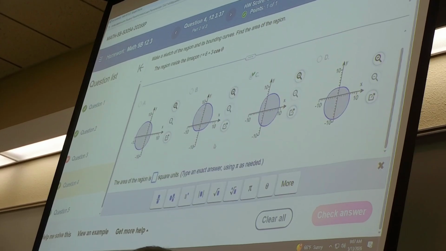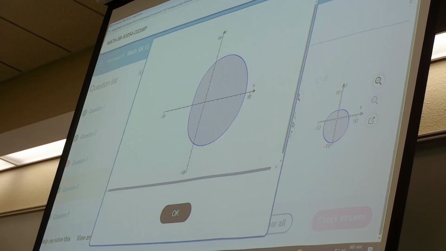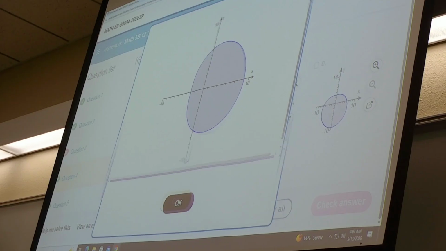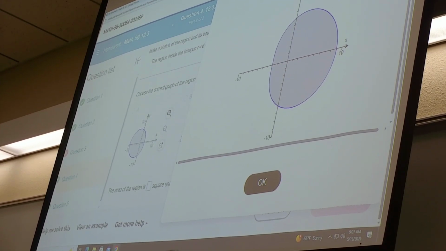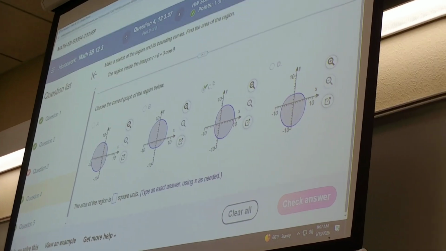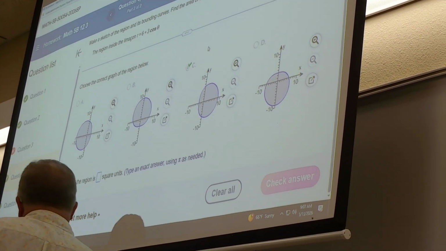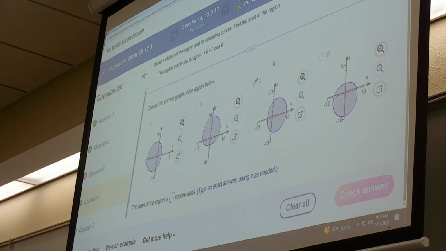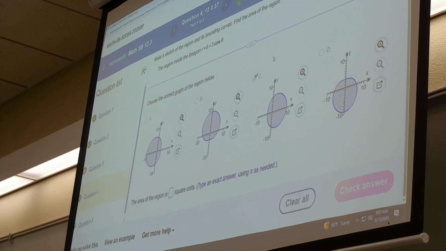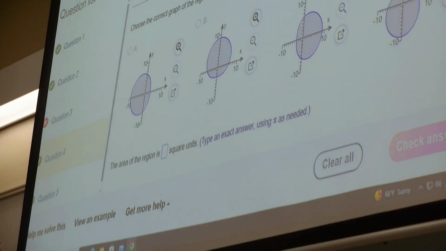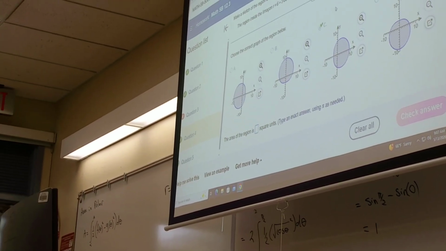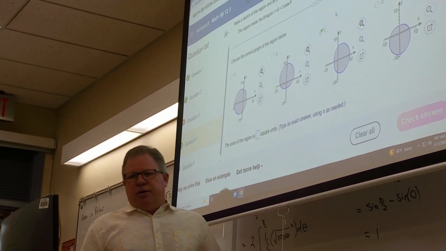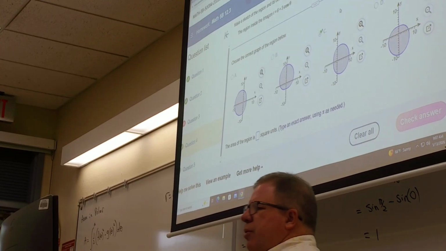All right, area. Let me write this function on the board. R equals 6 plus 3 cosine theta. Okay.